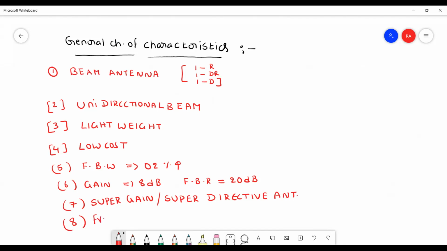One of the characteristics is a fixed frequency value for this case. So quickly note down these points, one minute.